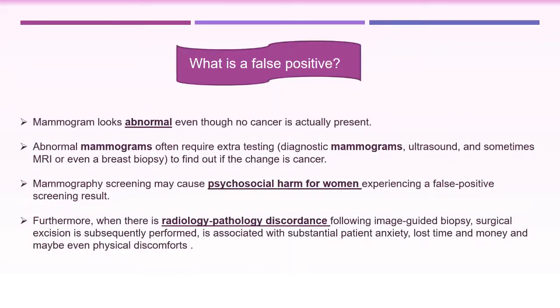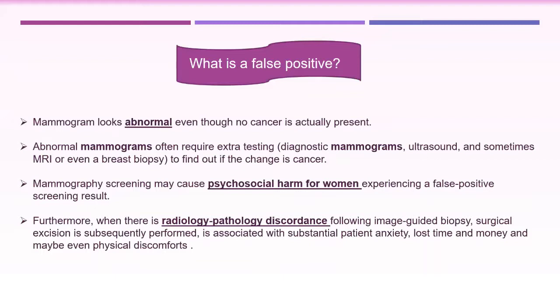Okay, so first of all, let us understand what is a false positive. So what is a false positive result? A result where the mammogram gives us a finding that we think is a malignant lesion and then it proves to be a benign one.